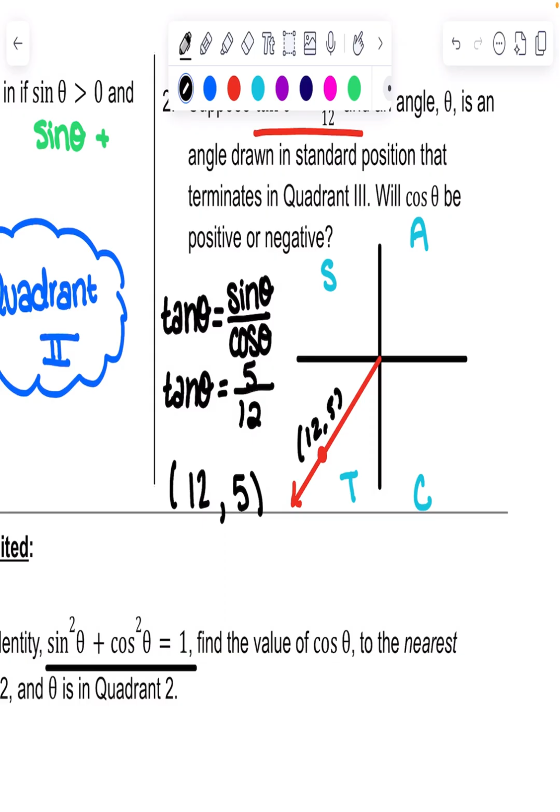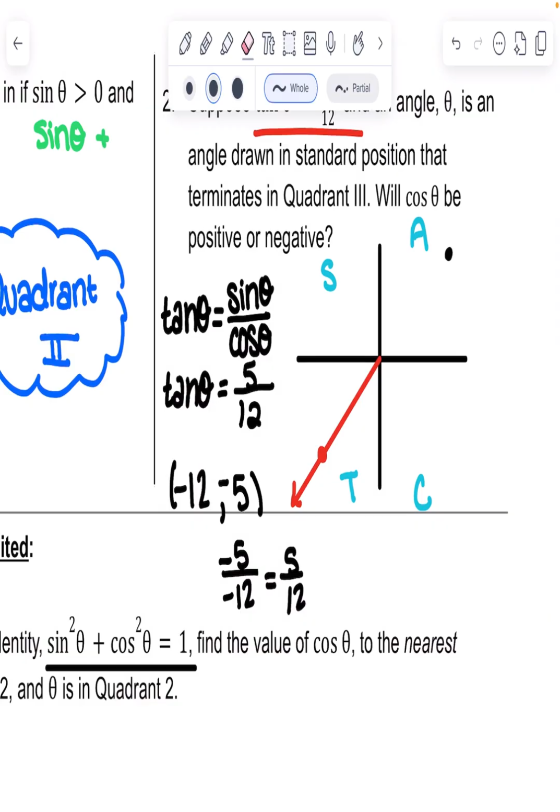No, right? Because 12, 5 would be up here. So I'm moving in the negative x and the negative y direction. So both of these have to be negative. So that would mean negative 5 over negative 12 equals 5 over 12. So that's where the positive tangent's coming in.